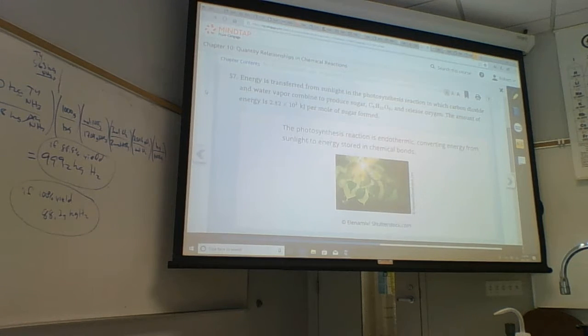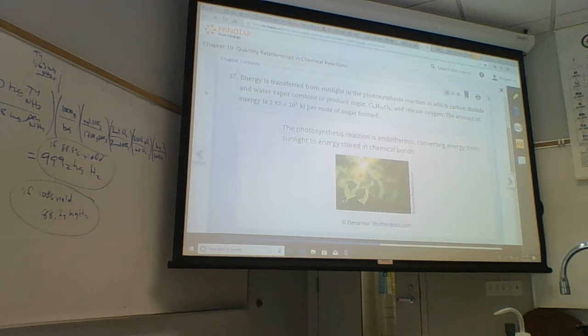Is energy consumed in photosynthesis or is energy produced in photosynthesis? It's consumed. The energy is going to come from the sun. So energy is going to be a reactant here, 2.82 times 10 to the third kilojoules plus.